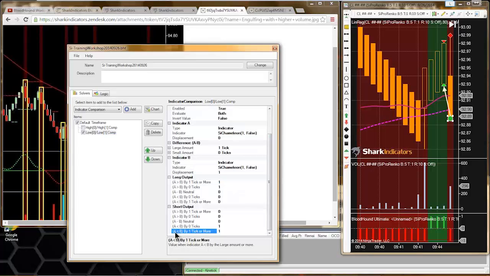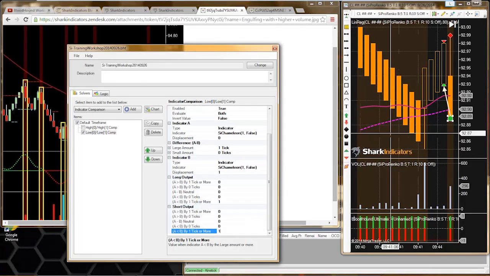So in other words, A is the low of the current bar, and it needs to be less than B, and B is the low of the previous bar. So I'm going to set this to 0 because we don't want 0 ticks. We need 1 tick difference. And also I'm going to set this long output to 0, and I'm going to match it with the short output.